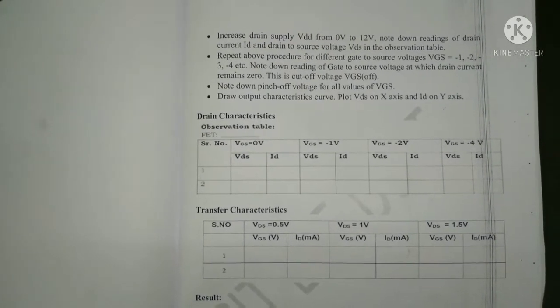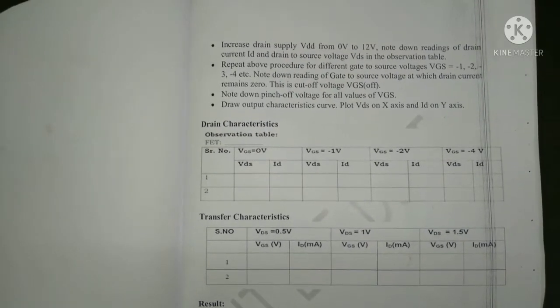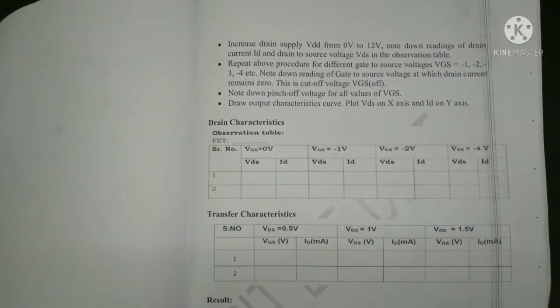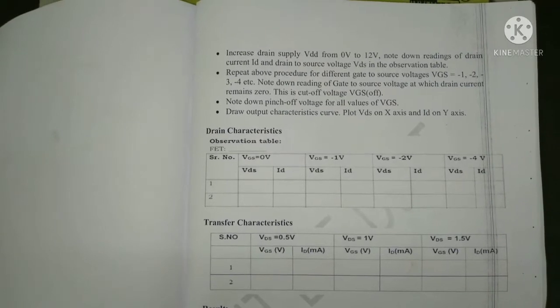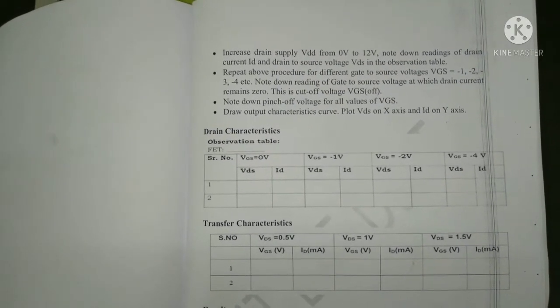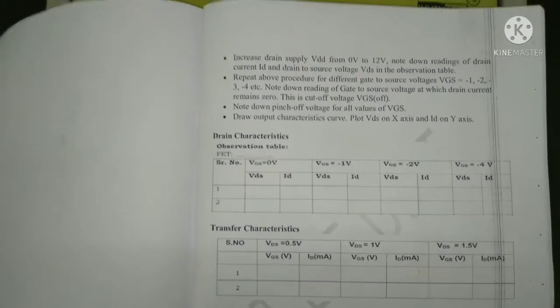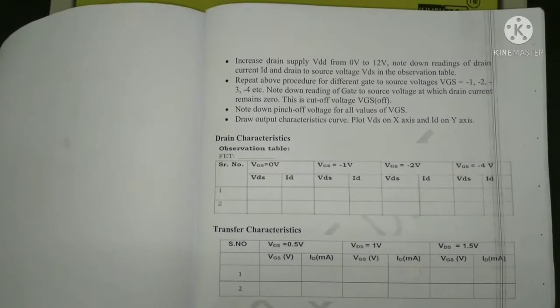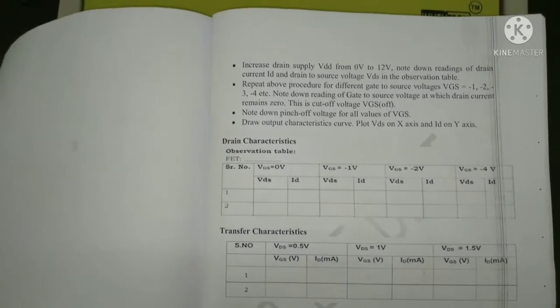Okay, so for example, here we have taken gate source voltage of 0 volt, minus 1 volt, minus 2 volt and minus 4 volt. At these four voltages we have to take the reading of drain source voltage and drain current.